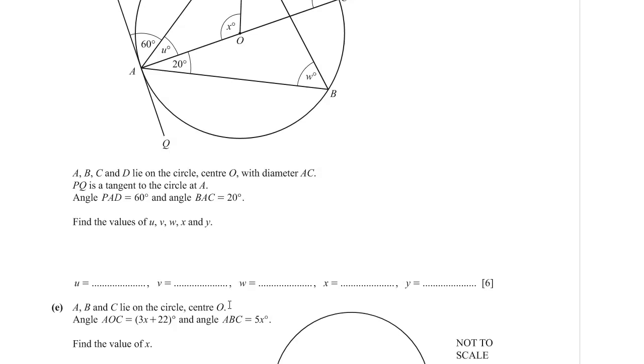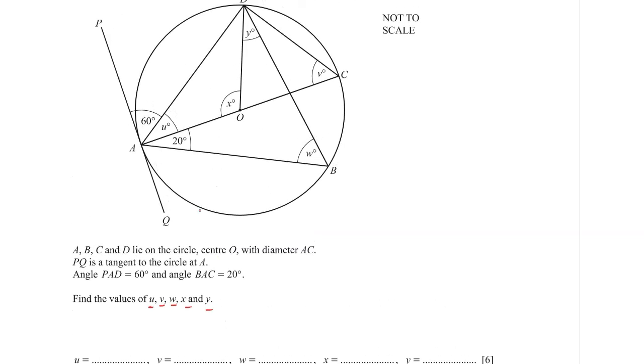Find the values of U, V, W, X, and Y. U is right here, Y is here, X is this one, V, W, and X is here.